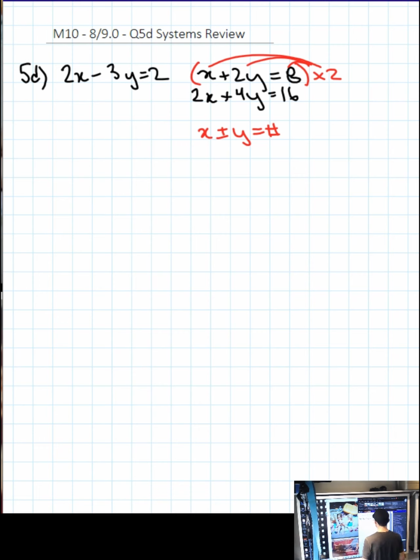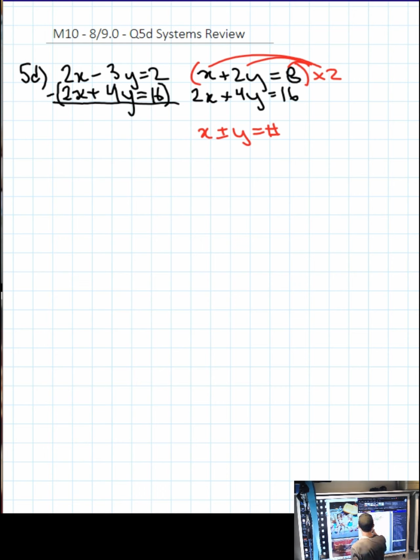So now, if we take that equation on the right and put it below the equation on the left, now that we have the same coefficient of x, then because 2x minus 2x is 0, we're going to want to subtract the equations, putting a minus sign to the left of the brackets. 2x minus 2x is 0, that's good.